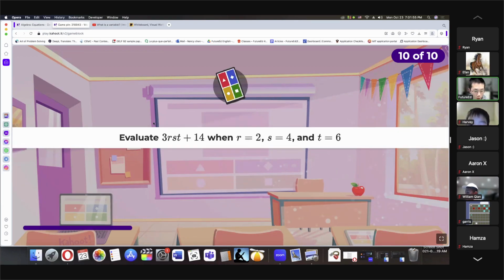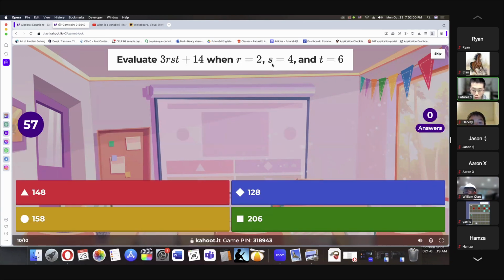All right. Evaluate 3rst plus 14 when r is equal to 2, s is equal to 4, and t is equal to 6. So this one is pretty hard, actually.